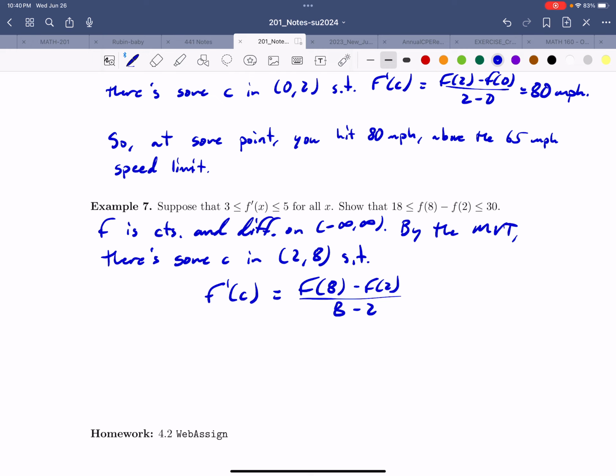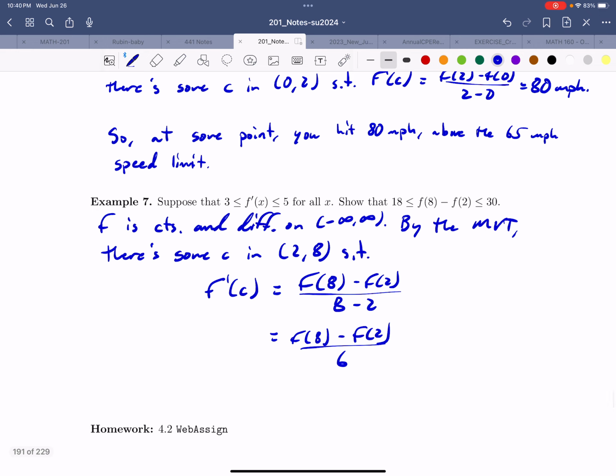Right, and I guess we could simplify this, again, we don't know what f of 8 or f of 2 equals. We can have it that it's equal to 6, right? 8 minus 2 is 6. But hold on a second. We know by assumption that f prime of c is between 3 and 5.